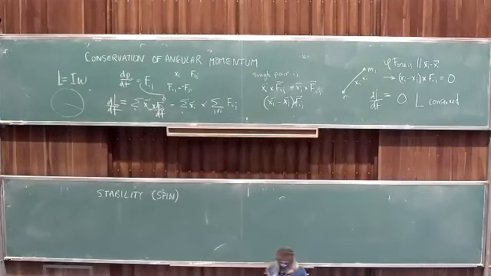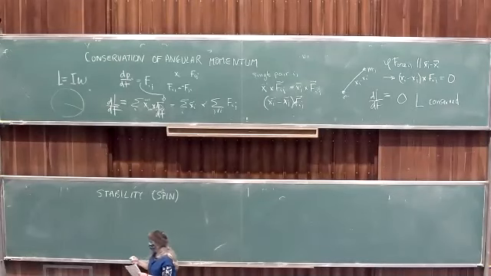I was trying to think of examples for stability and to try and explain them, not just to say qualitatively, but actually to think about them. A nice classic example is a tightrope.